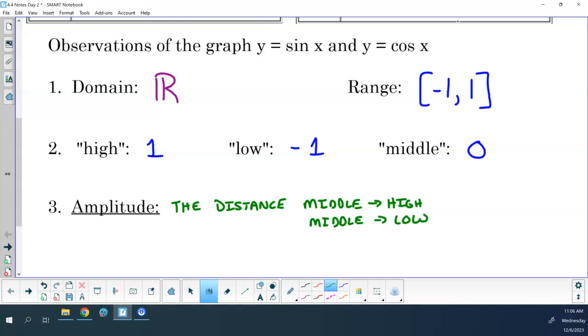Okay? So from that middle number, the middle of your function, to the highest point is the amplitude, or from that middle of the function to the lowest point. That is also the amplitude. It's a distance, so it's always positive. So what is the distance from 0 to 1 or 0 to negative 1? 1. So the amplitude here is 1.